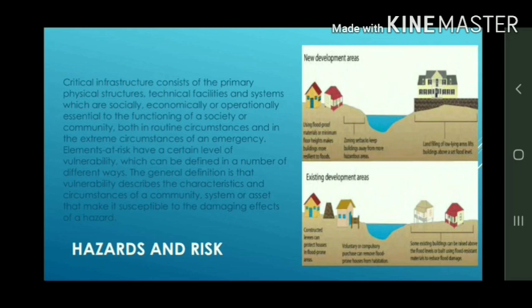Makakatulong din ang zoning setbacks as you can see in our image at pangunahing alituntunin nito ay to keep the buildings away from more hazardous areas. Ibig sabihin, merong sukat or safe na measurement kapag nagpatayo ka ng bahay. Dapat hindi siya prone to hazard.